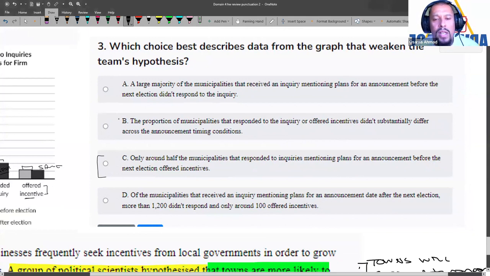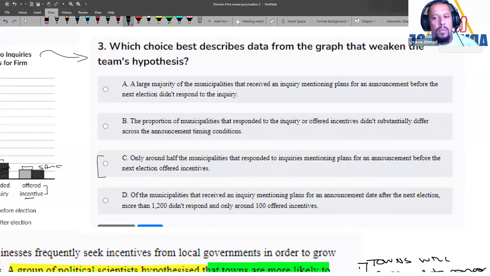Now, what is the question, Muhammad? We want to weaken the team's hypothesis. What does that mean, weaken the hypothesis? To weaken it, to make it less strong.